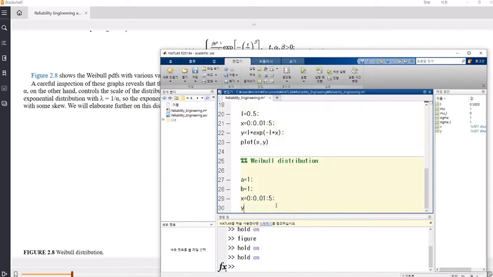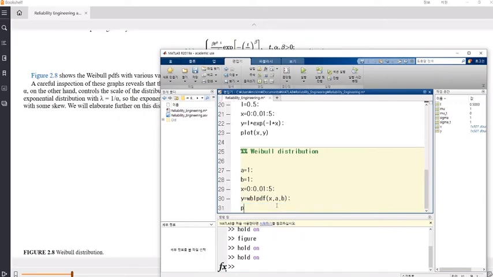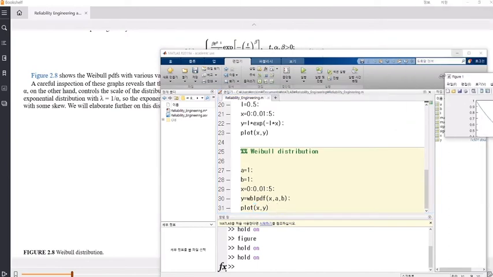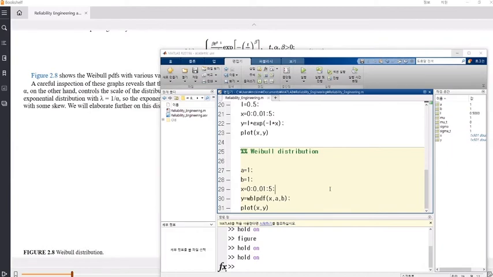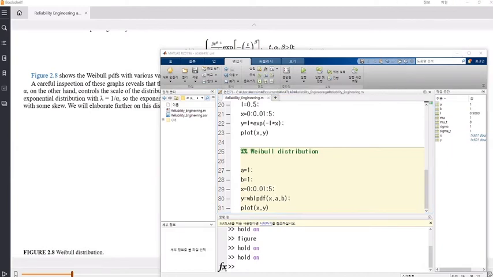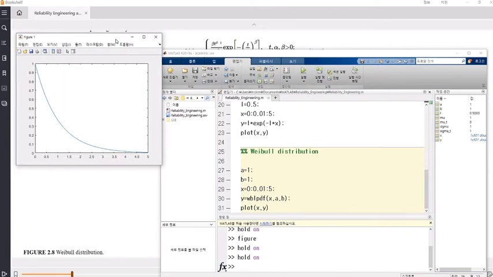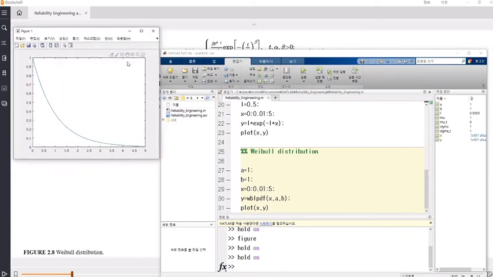So after that, y equals Weibull PDF of x, A, B, and plot x, y will give us the Weibull distribution for A equals 1, alpha equals 1, and beta equals 1.